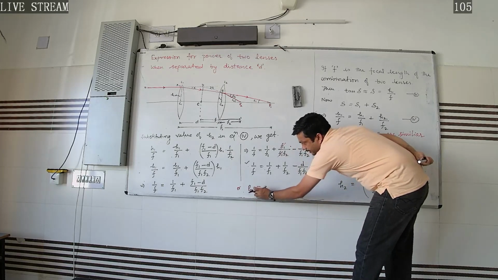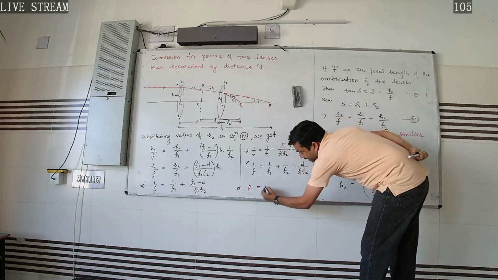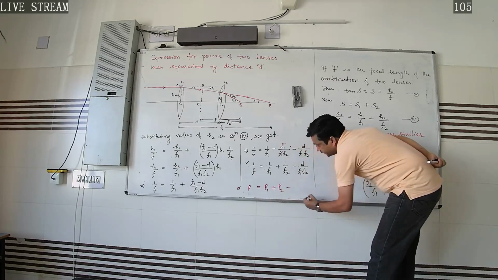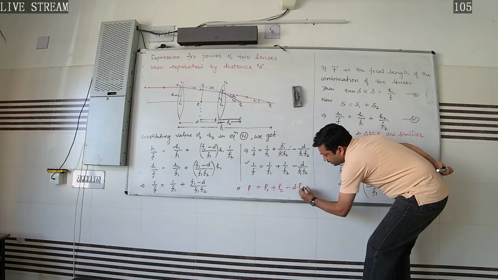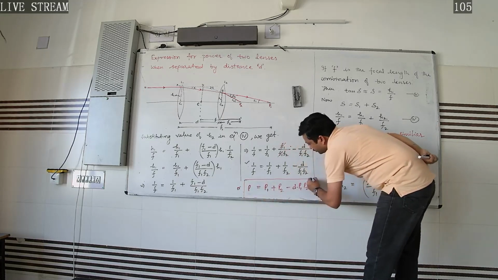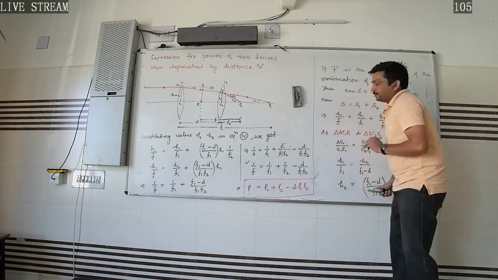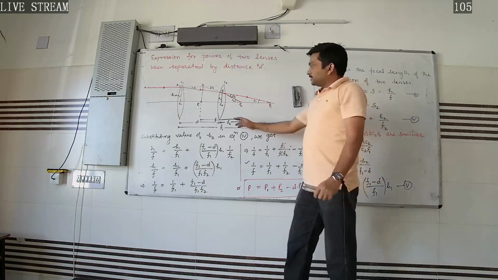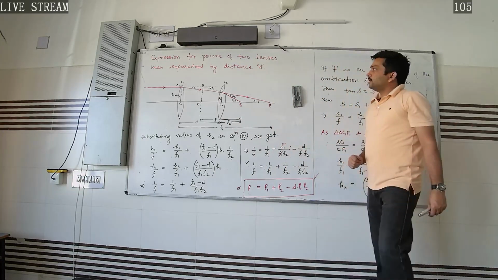If P is the net power of this combination of the two lenses separated by the distance D, then P is equal to P1 plus P2 minus D into P1 into P2. So in this way, this is the required formula of the net power produced by the combination of the two lenses when they are separated by the small distance D. So this is the required expression for the power.